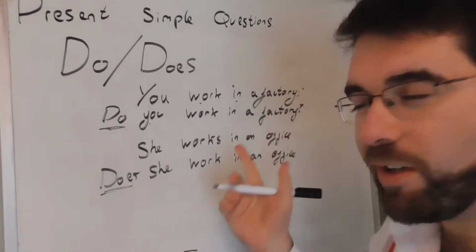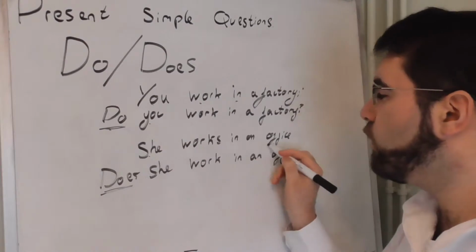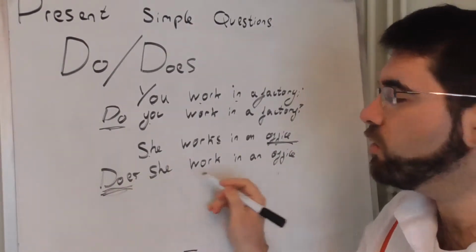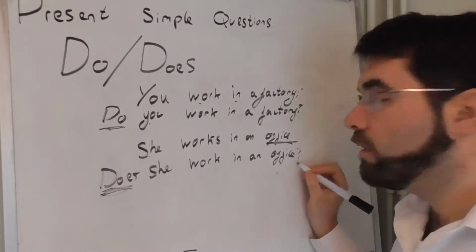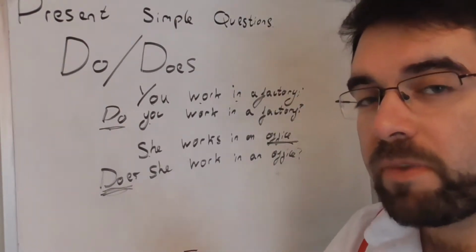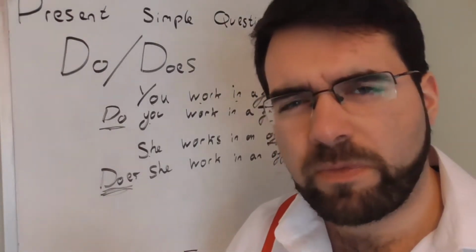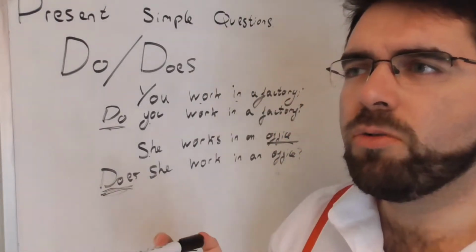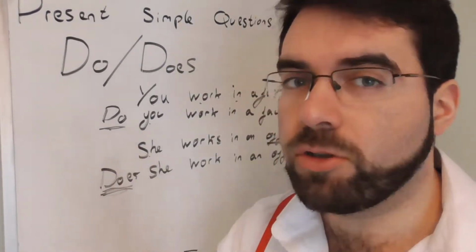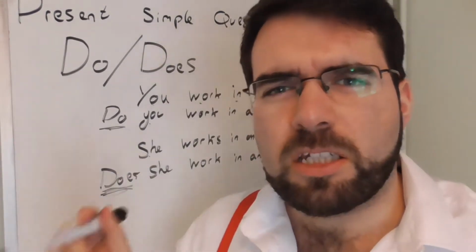Or in a factory even. She works in an office. Does she work in an office? Question. You watch the video. Do you watch the video? You learn English. Do you learn English? Make it present.